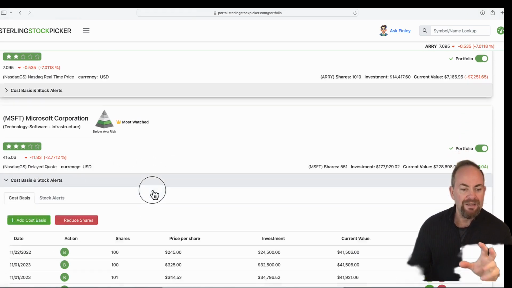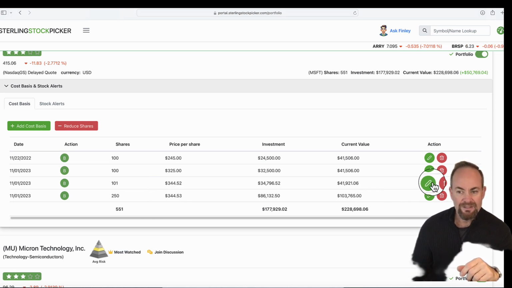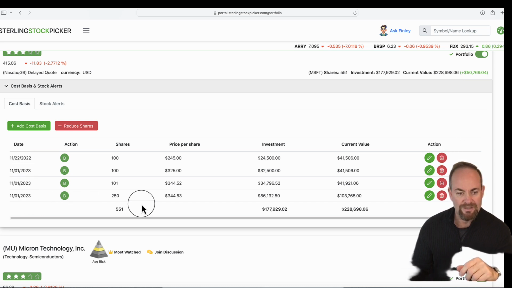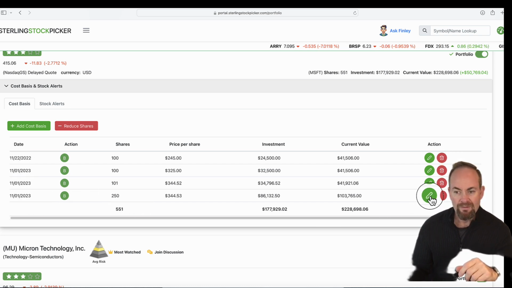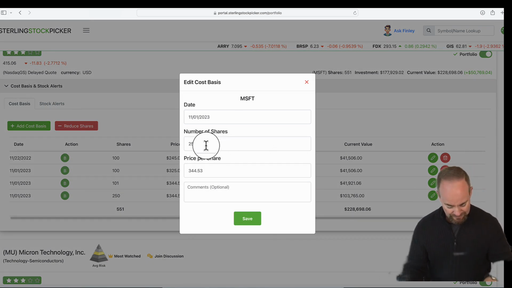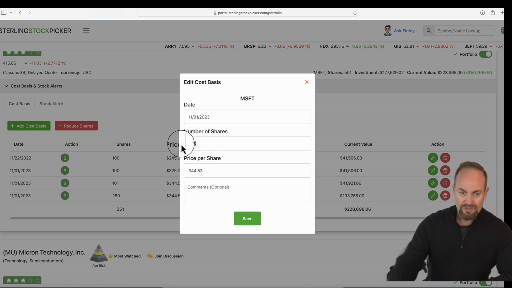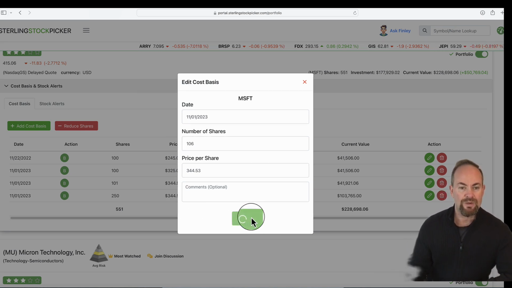Let's start with the most recent purchase, the 250. We're going to edit this, and 250 minus 144 gets us 106 shares. So we have 106 shares remaining.